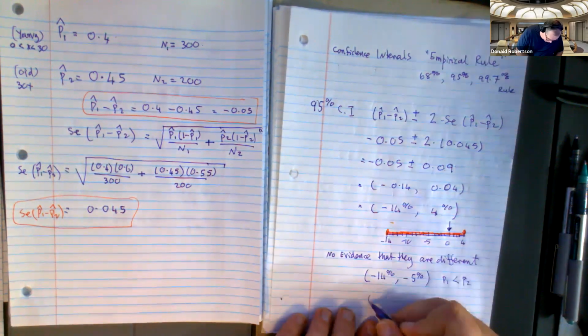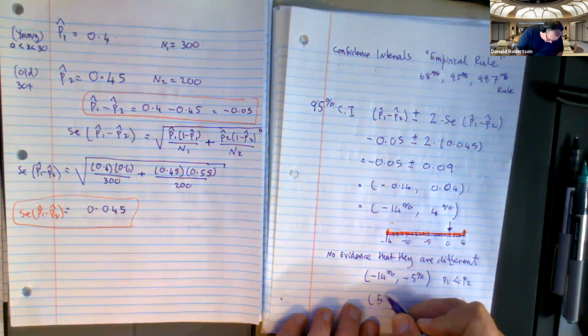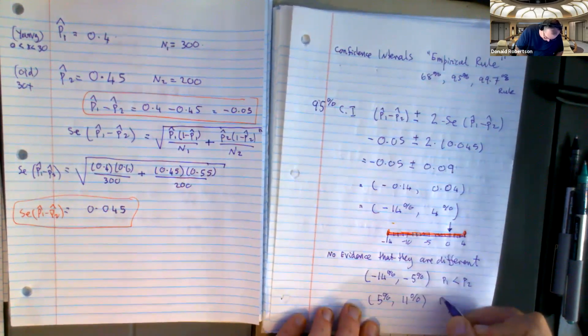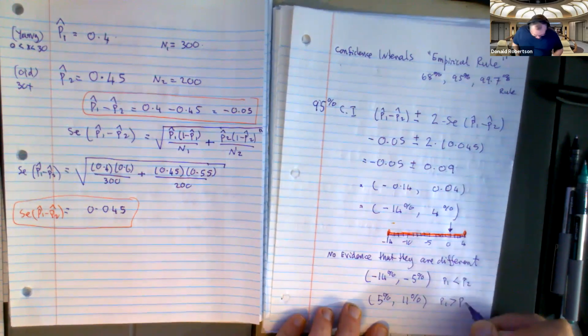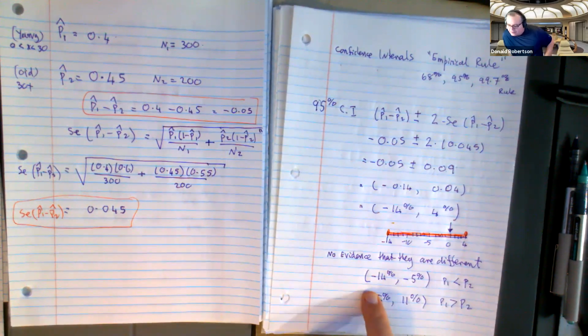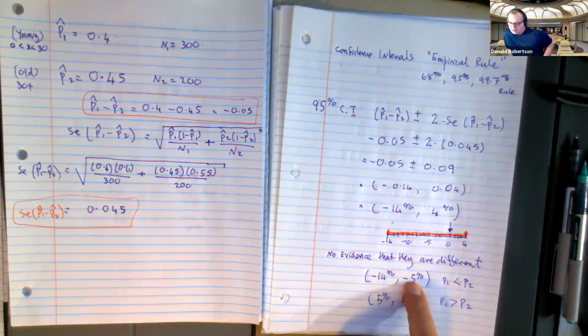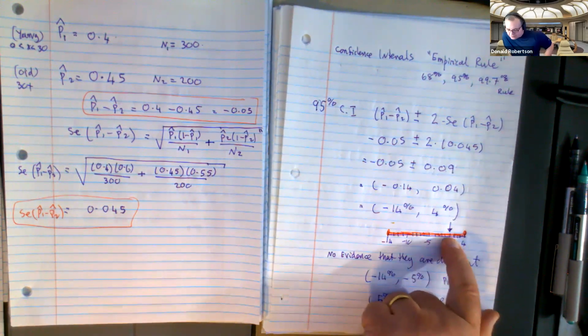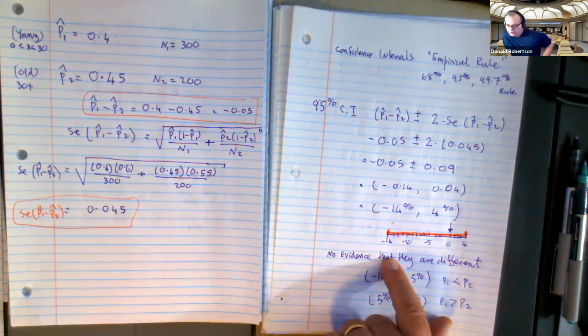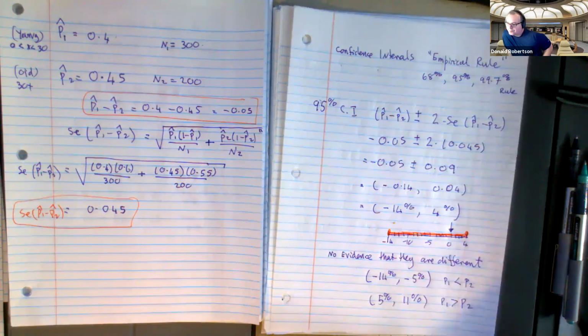If you get an interval and it was all positive numbers, then that would be the first group is bigger than the second. If they're all negative, the first group is less than the second. If the interval contains 0, your statement's going to be that there is no evidence to suggest that they're different.